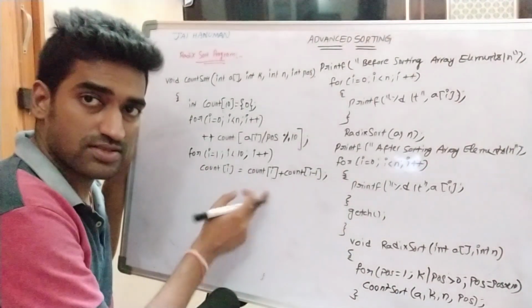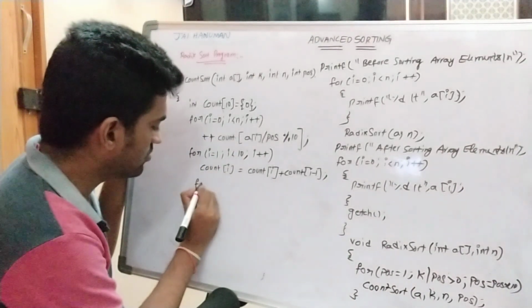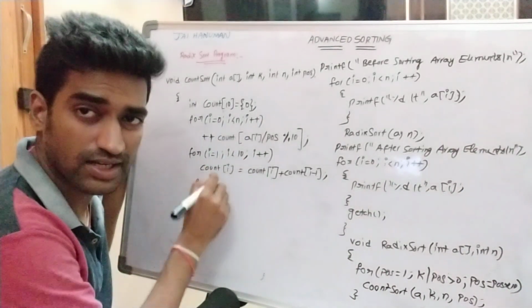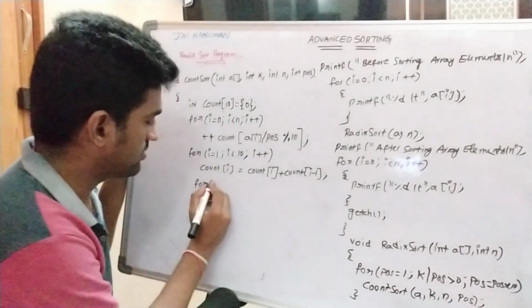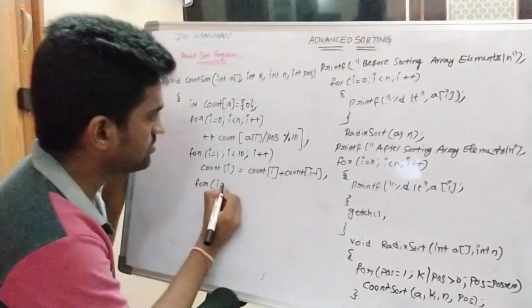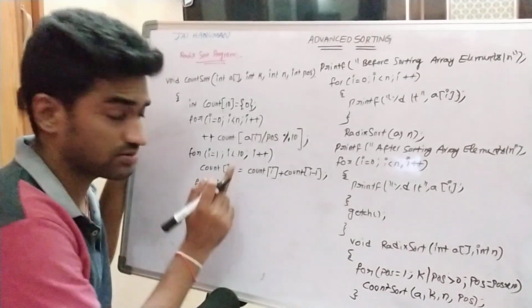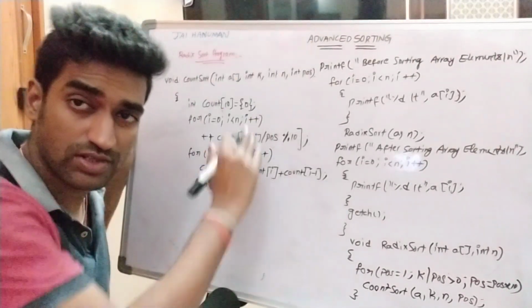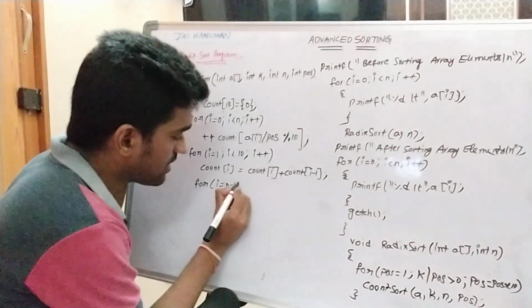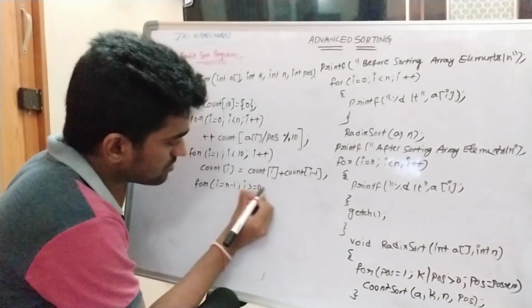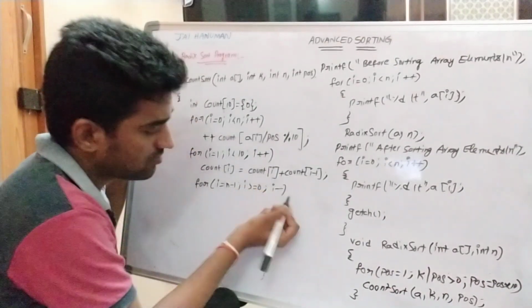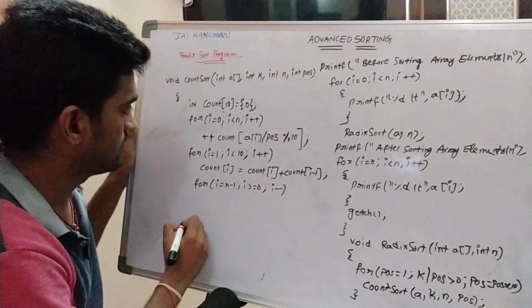After completion of this loop, the count array is updated again. Then i starts from n minus 1, i greater than or equal to 0, decremented by 1, i minus minus, fine.